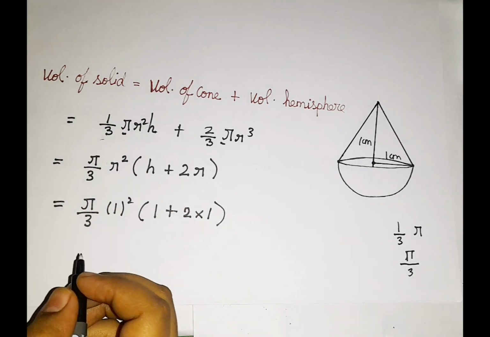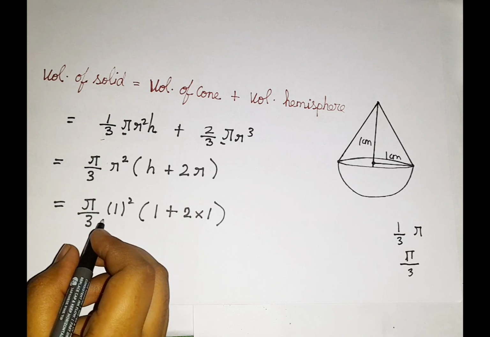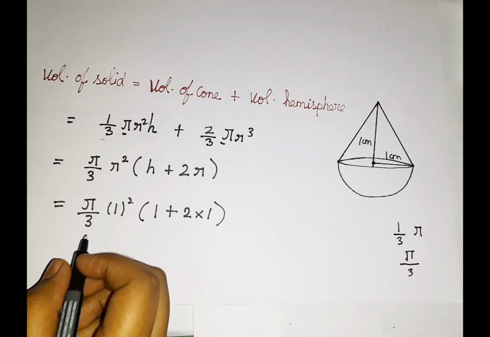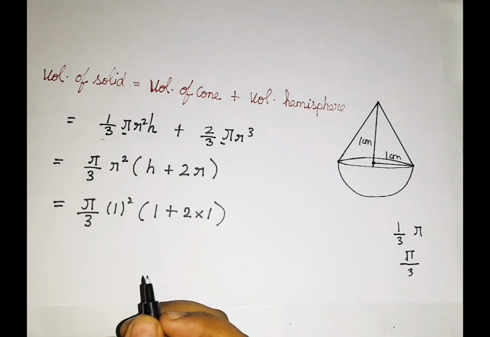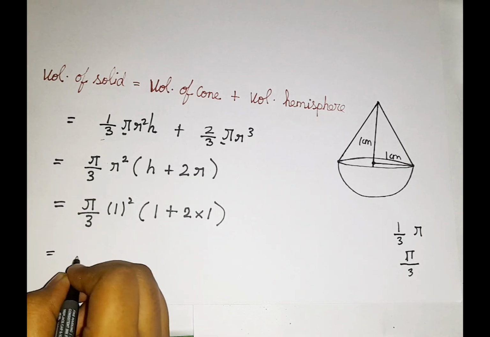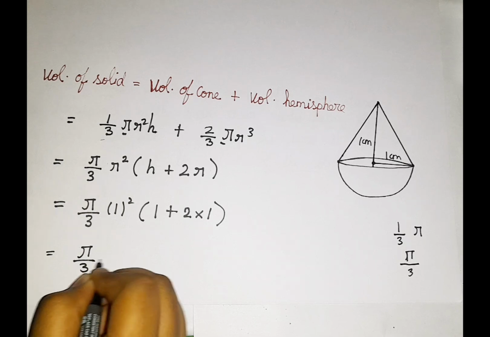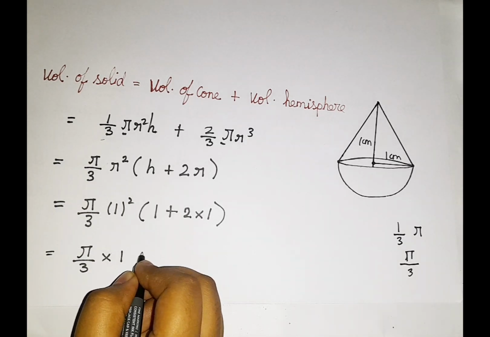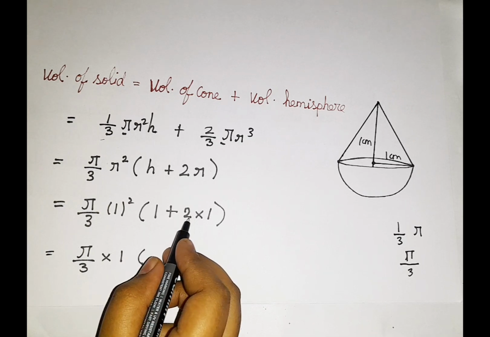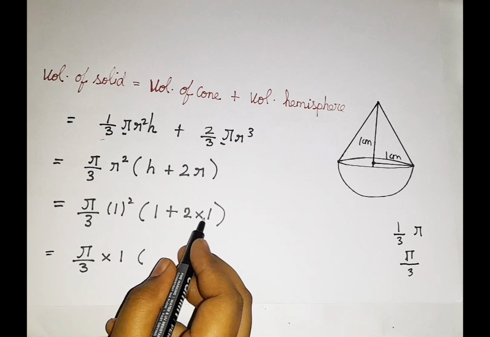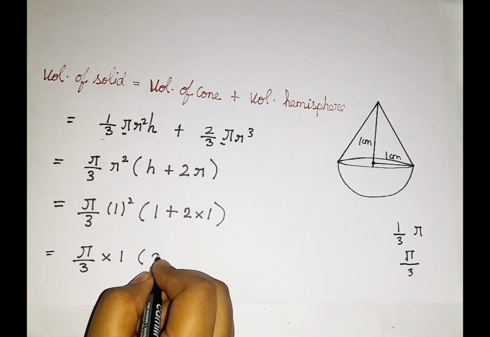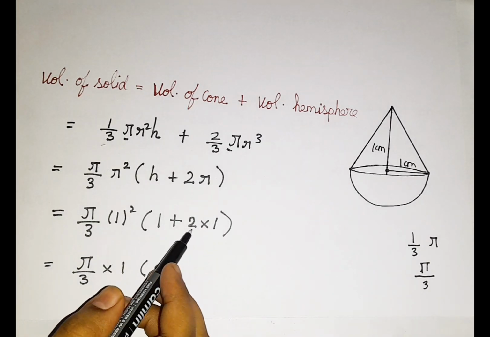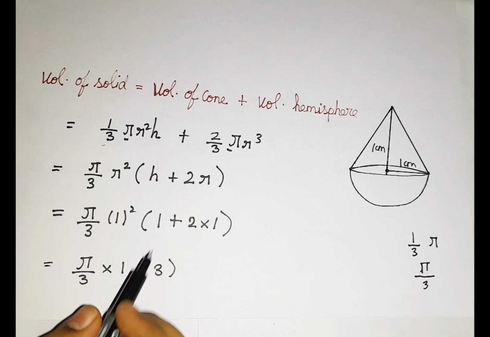Alright guys, now we can actually solve it. So 1 square means 1 into 1, which is 1. So we can write pi by 3 into 1, and then here bracket. 2 into 1 is 2, and 2 plus 1 is 3.